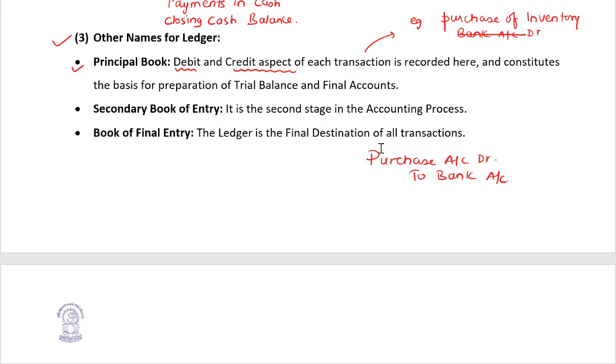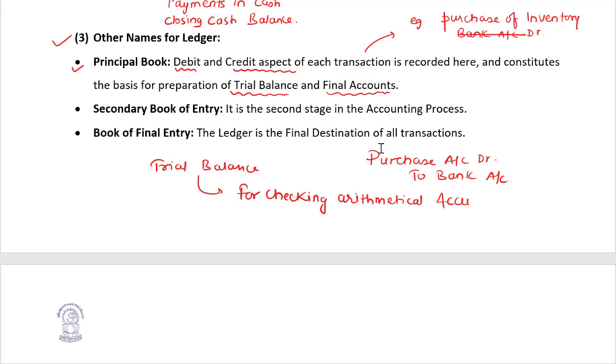Ledger constitutes the basis of preparation of trial balance and final accounts. Students, why do we prepare a trial balance? For checking the arithmetical accuracy. Arithmetical accuracy means mathematical accuracy.